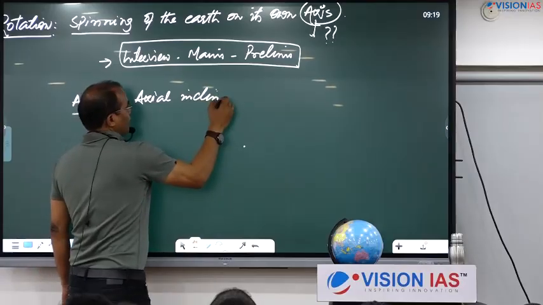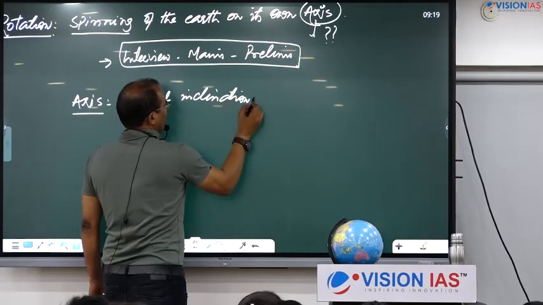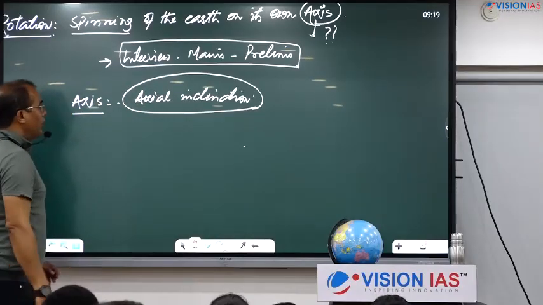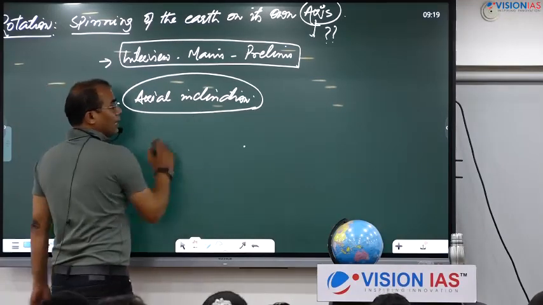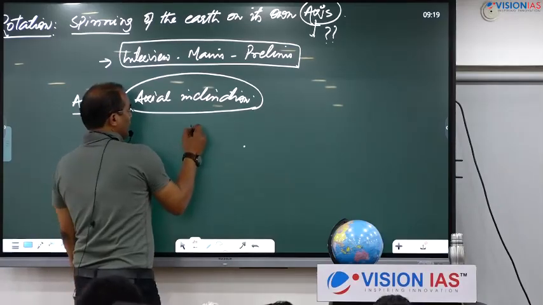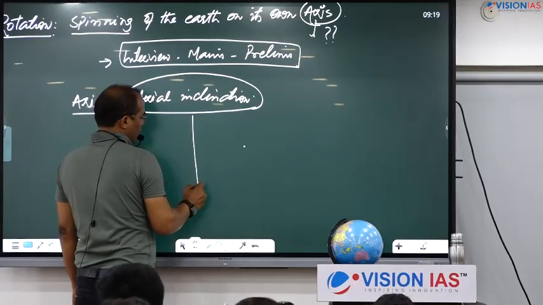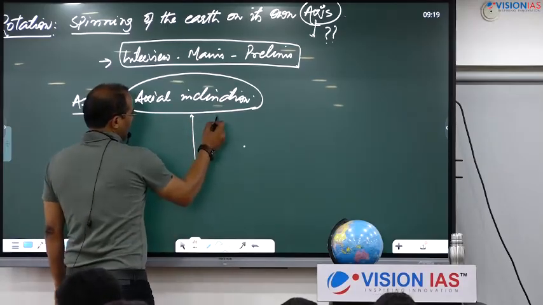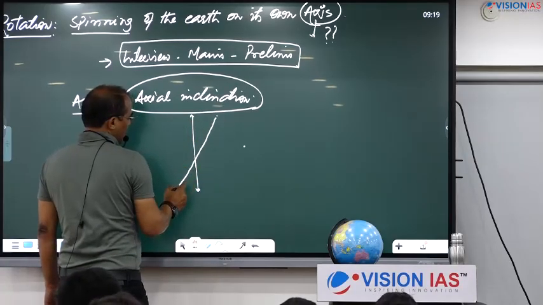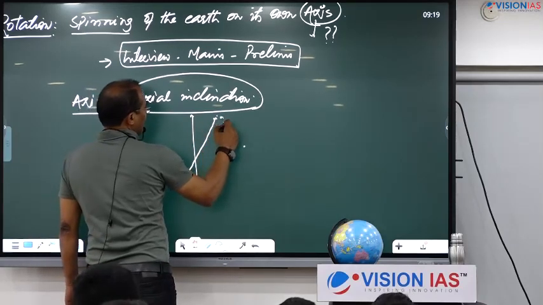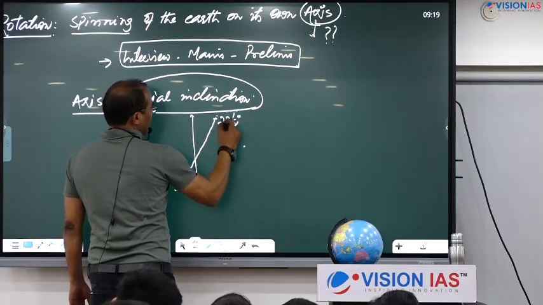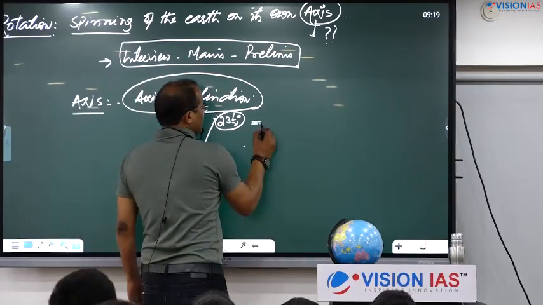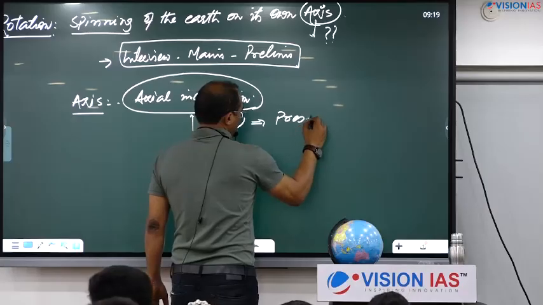We know that the axis of the earth is not straight, not normal, rather inclined. Normally this would be the axis, and the earth should be like this with reference to the sun, but it is right now inclined at 23.5 degrees. This is the present case.